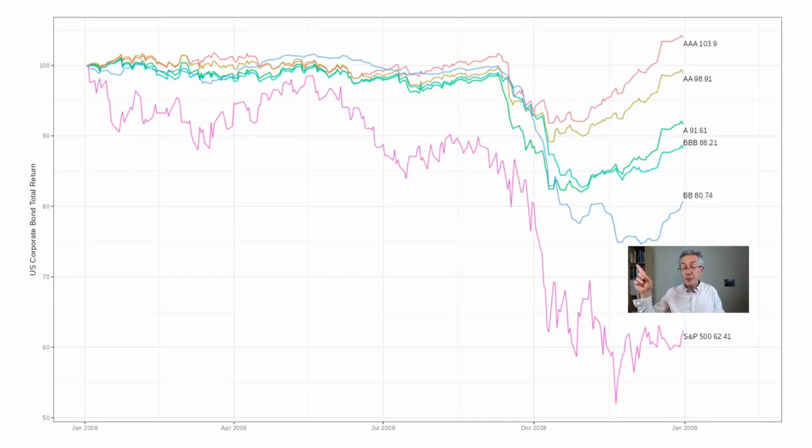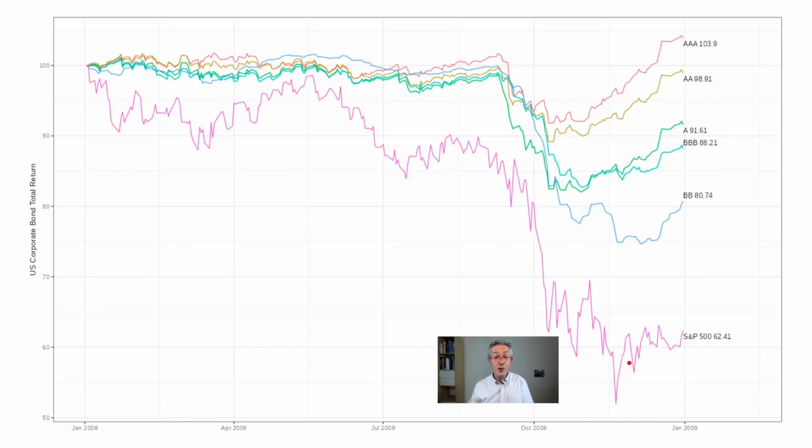But if you look at sub-investment grade bonds, which are BB, you can see they lost about 25% of their value at the peak of the credit crisis. But the market which sold off much more, of course, was the equity market, which fell by about 50% at the worst point of the crisis. So credit should certainly be on your radar if you're an equity investor, because when a credit bubble pops, it definitely affects the equity market.